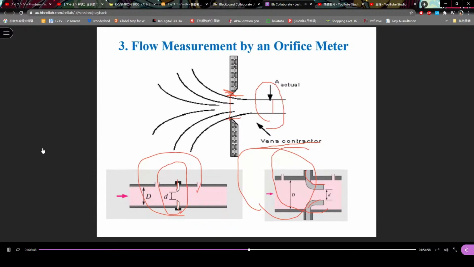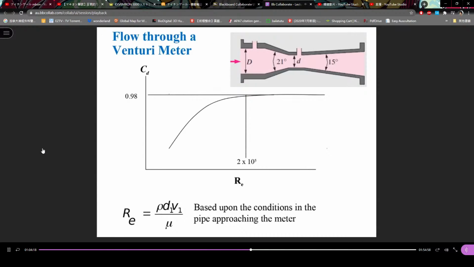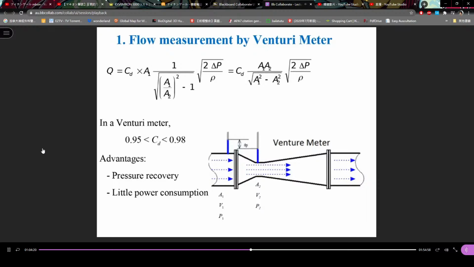Okay, let's continue. We have just introduced the Venturi meter. The basic principle is very simple. You know the two diameters, the entrance path and the net path, then you use the derived equation and consider the discharge coefficient.